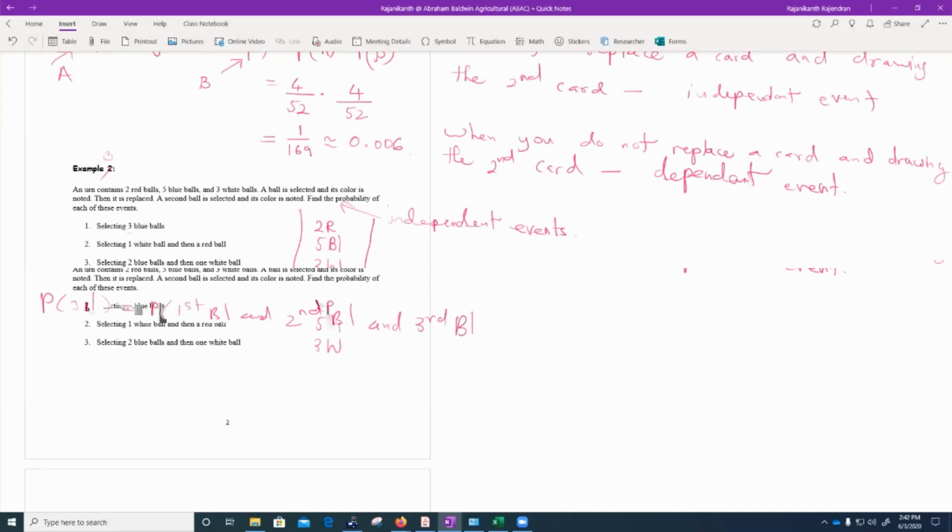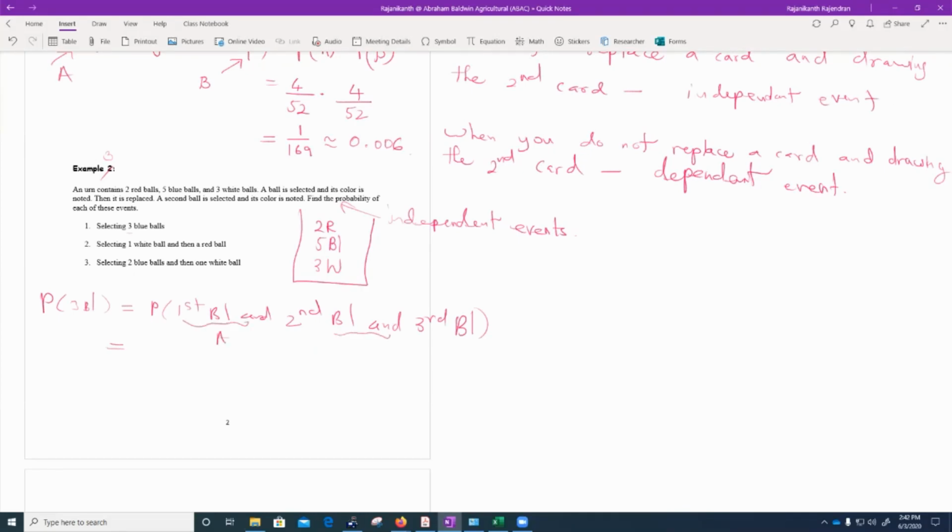So now I have three events A, B, and C. Event A is getting a blue ball in my first attempt, getting a blue ball in the second is B, and getting the third one is event C. Since you are replacing every time, all three events are independent. Therefore, the probability of all three is simply the product of the three separately. Find all three probabilities A, B, C separately, then find the product of those three.